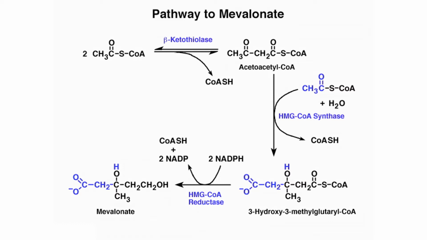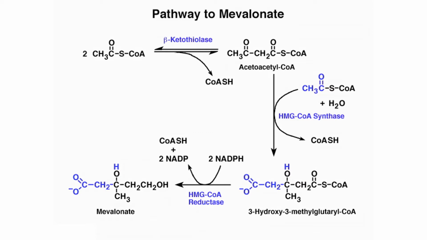In the first reaction, we have 2 molecules of acetyl-CoA condensing to form acetoacetyl-CoA. In the second reaction, we're going to introduce another molecule of acetyl-CoA to produce 3-hydroxymethyl-glutaryl-CoA.